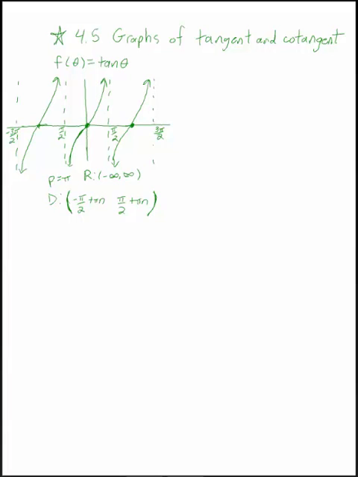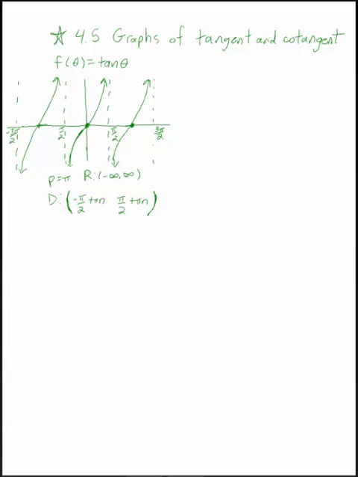Now what that means is that if I plugged in any integer value for n, I would get a piece of the domain somewhere down the line. So for example, if n was 1, my domain would read positive pi over 2 to 3 pi over 2, which would be the second piece of the graph there, that second cycle over on the right.